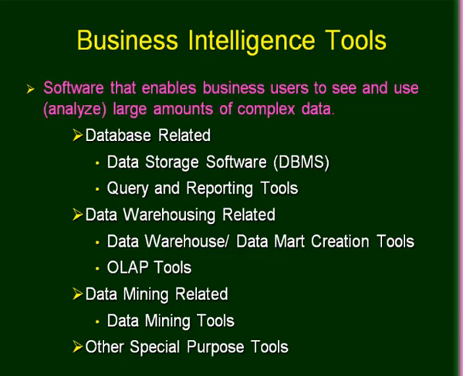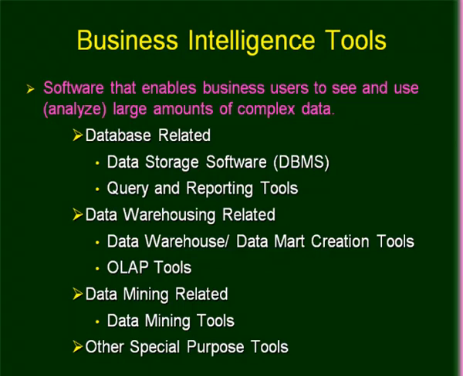Then data warehouse related tools are data warehouse creation and data mart creation, etc. OLAP tools also belong to the data warehouse related tools. Then data mining related tools. And we also require other special purpose tools for loading of the data, backup, etc.